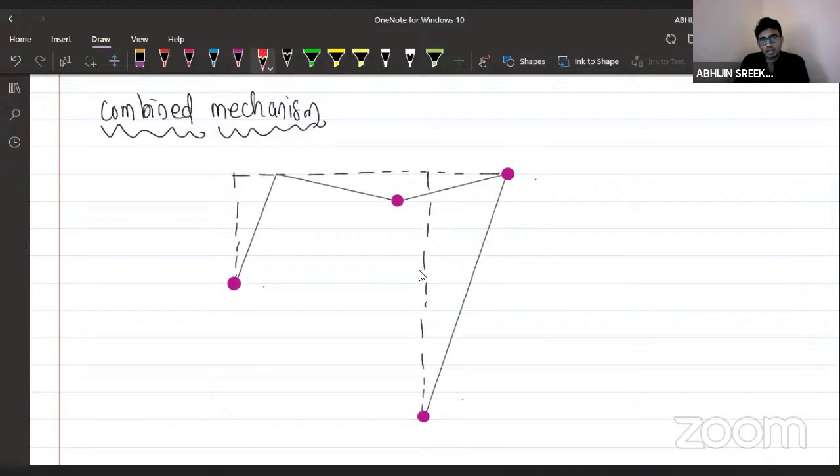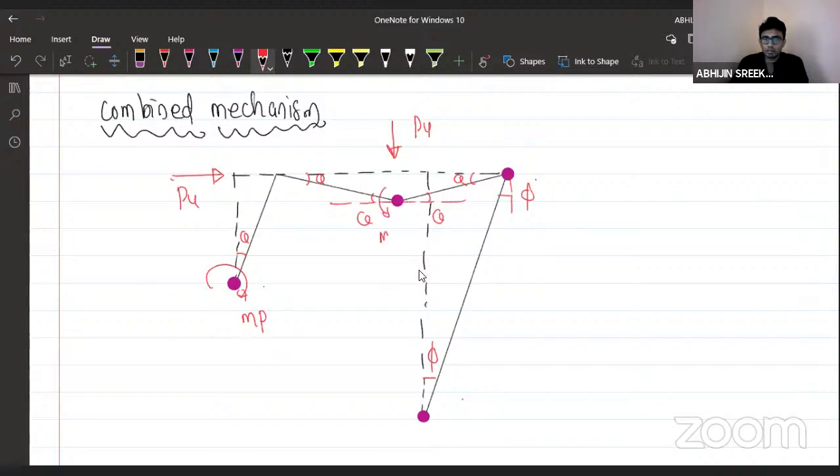Remember this. So there will be a combined mechanism. As we are considering the combined mechanism, this will be theta, this will also be theta, and this will also be theta, but here it will be phi. And we have to consider MP here.